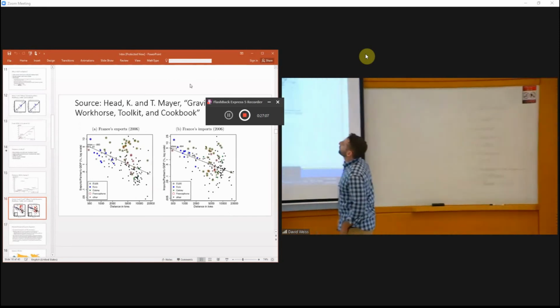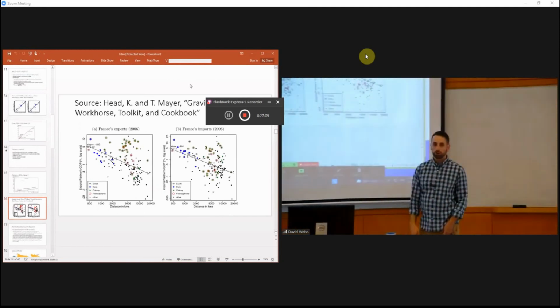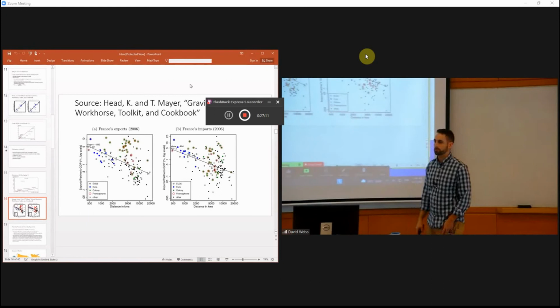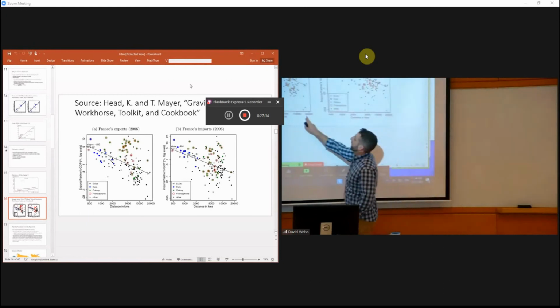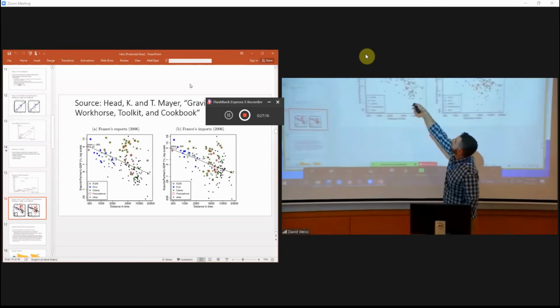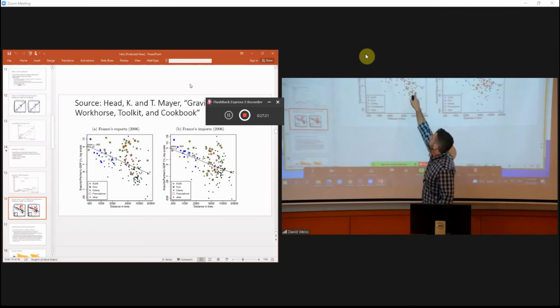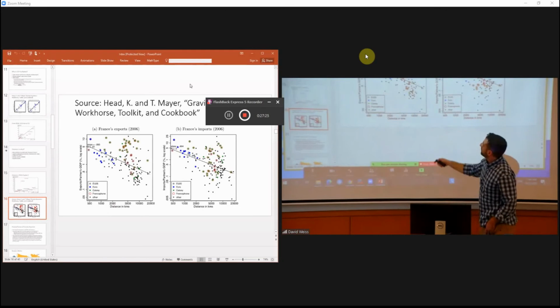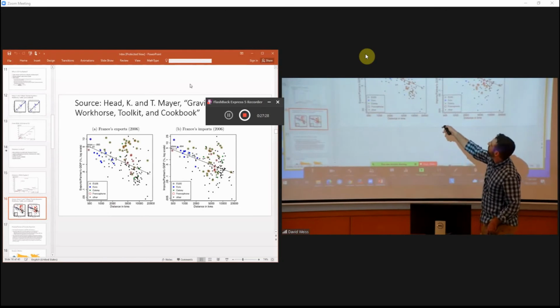Think about a different form of distance. This is cultural or linguistic difference. So the left thing, we're looking at France's exports to different countries. Every dot here is a different country. The green dots are former colonies of France, and the circled dots are countries that speak French.